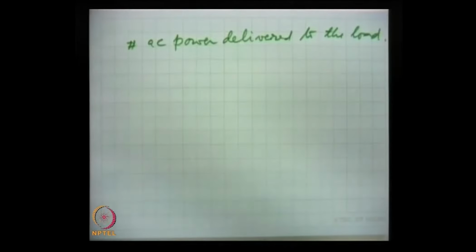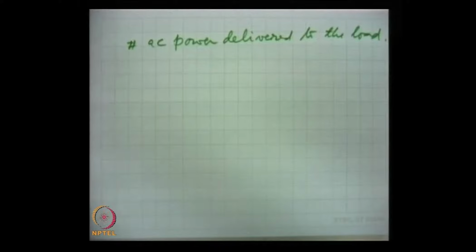Another consideration is with what conversion efficiency the amplifier provides this AC power. By conversion efficiency, we mean, after all, from where will the AC power come? If an amplifier delivers, for example, 50 watts of useful AC power to the load, from where does this power come?